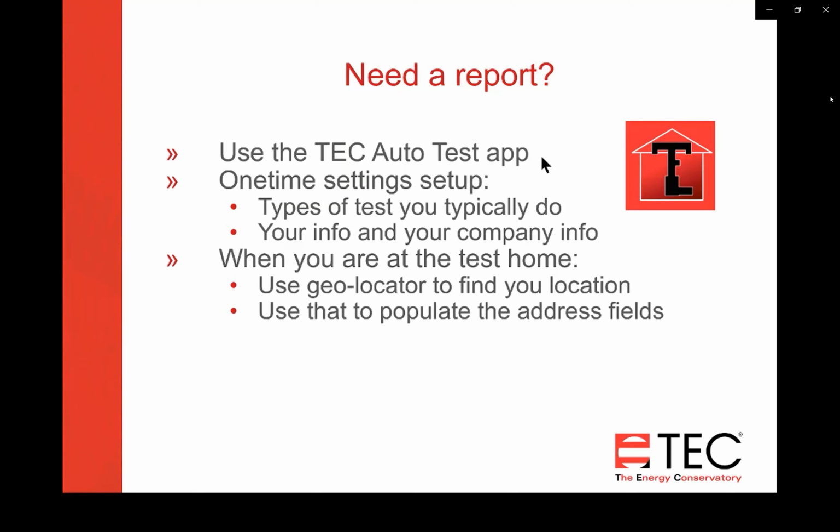So that's a good quality control feature to have. And once you do the geotag, it'll also tell you what the address is at that house, and it'll populate the address fields for it. For a blower door test, it'll also determine what the altitude is at that location and pull that information in the report also. So a real time saver. So now you're ready to run the test and generate a report.